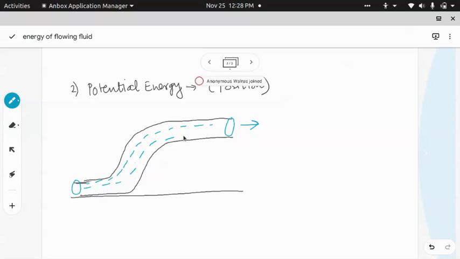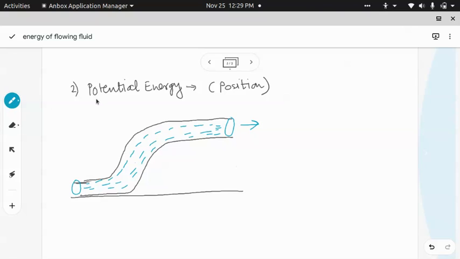My drawing is not too good, so I would have to use the doodles, but the doodles take much more time, so I'm drawing it on my own. Okay, so this is the liquid flow.